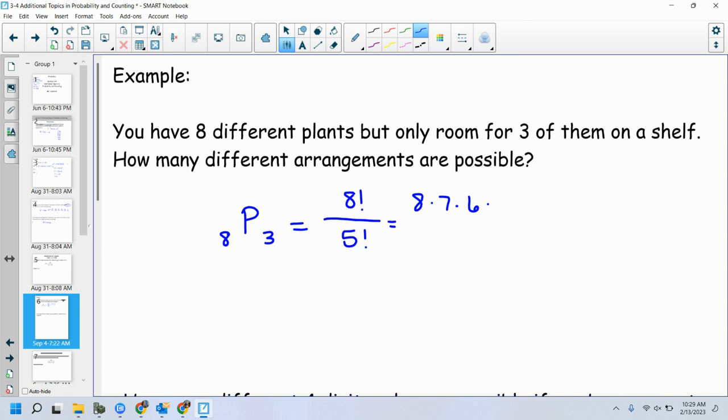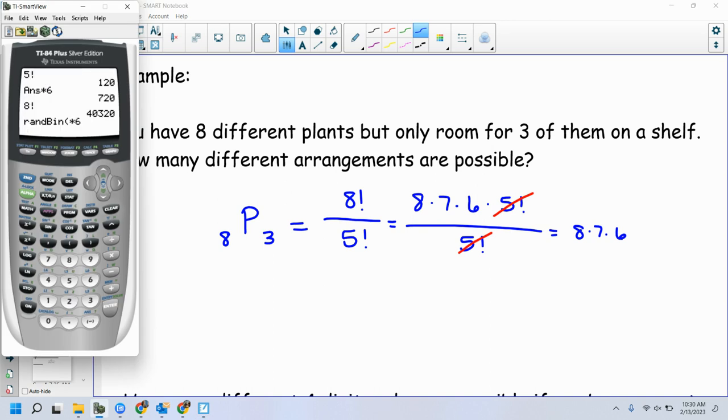What's 5 times 4 times 3 times 2 times 1? What do you see in both numerator and denominator? Right? So really, this is just 8 times 7 times 6. So it's relatively easy to compute, right?